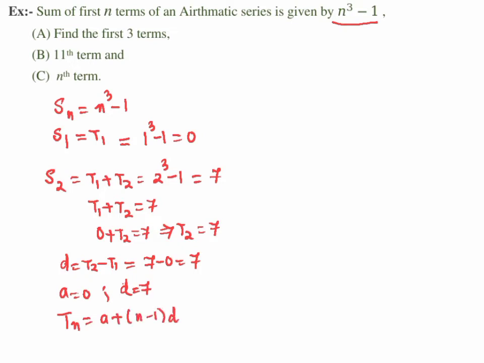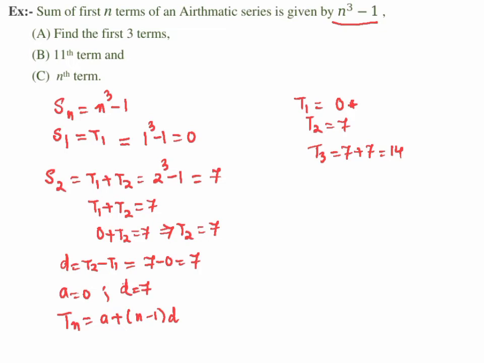So first term is 0, second term is 7, already we have taken out, and third term will be 7 plus 7, that will be 14.